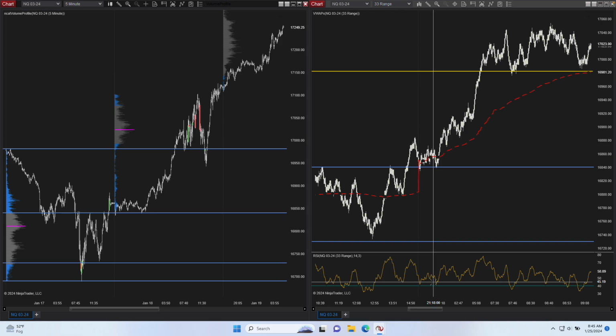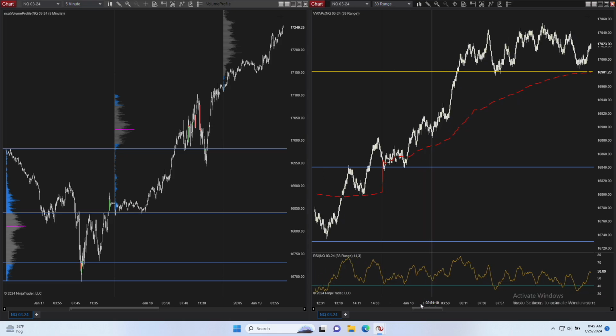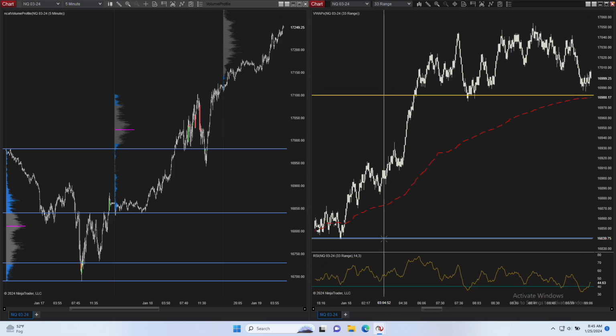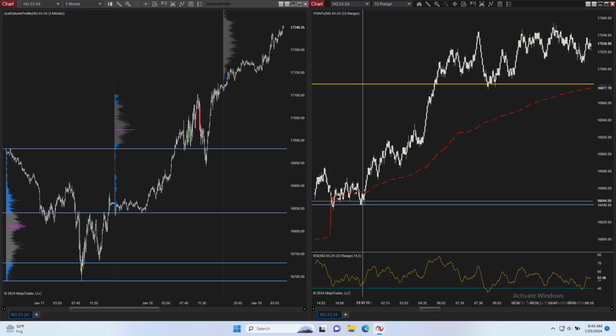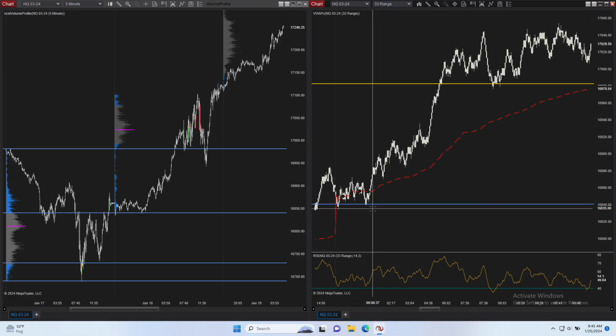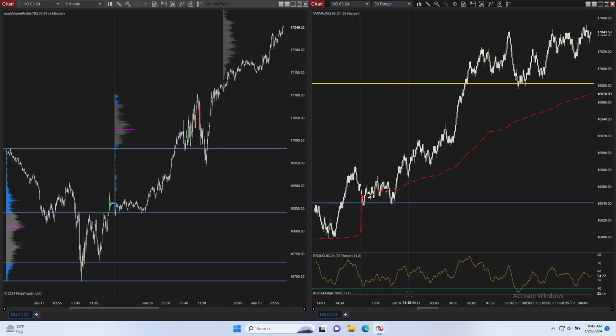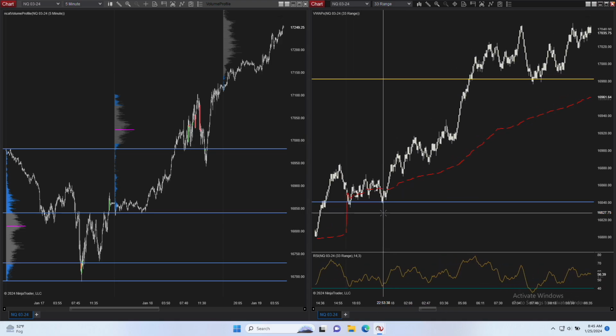RSI, you could use whatever indicator you want here. You could throw on a MACD. You could literally use anything you want for scalping and trade management, but this is for locations, scalping locations. Once it comes down here and touches it, and you get a bullish candle on a smaller time frame, whether it be range or 1 minute, 3 minute, tick, that's for you to decide.